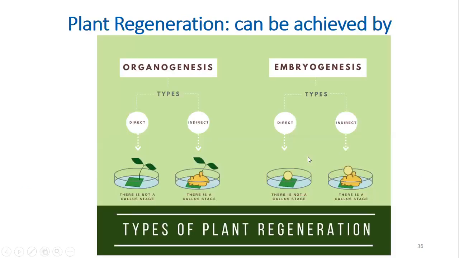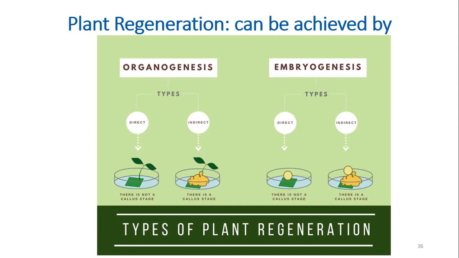So what is the difference between organogenesis and embryogenesis? You should know that plant regeneration can be achieved through these two different methods, which are organogenesis and embryogenesis. And their names kind of give an understanding as to what they are.